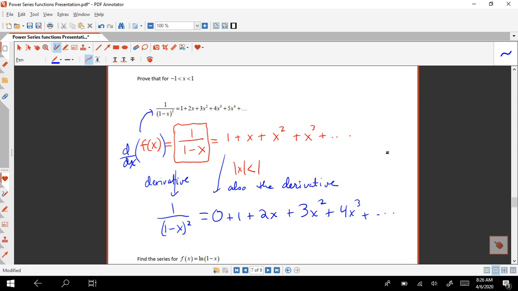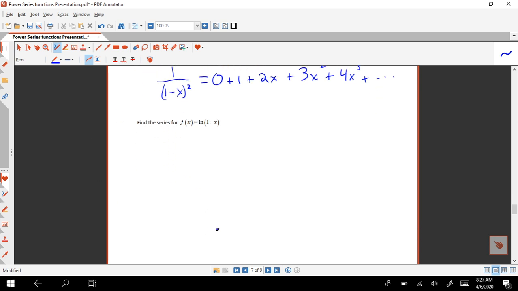And so there you go. All right, we can not only manipulate by plugging in, we can manipulate power series by taking derivatives and so on. In fact, the series for natural log of 1 minus x, how would that be related to 1 over 1 minus x?